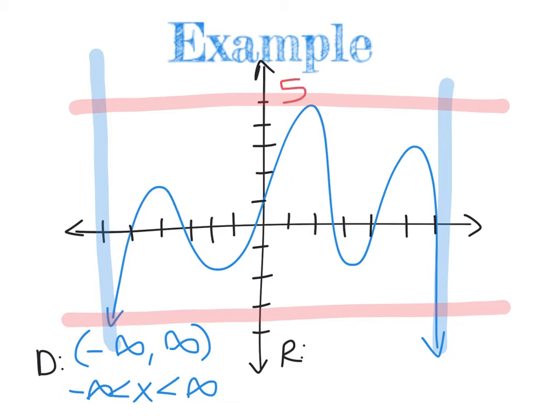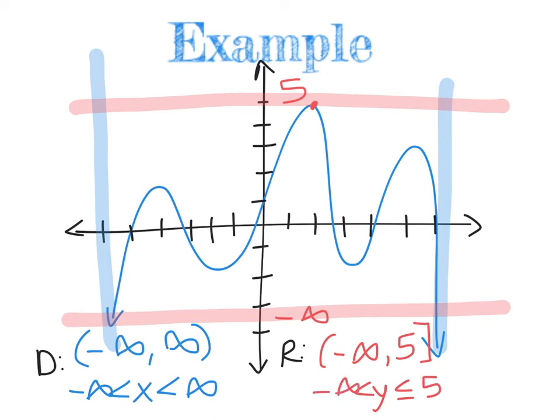So the function is going to go from negative infinity down here all the way up to 5. Anytime you have a global maximum, like here, or maybe a global minimum, the range is going to be affected. So we can say that the function goes from negative infinity to 5, or y exists between those two values.